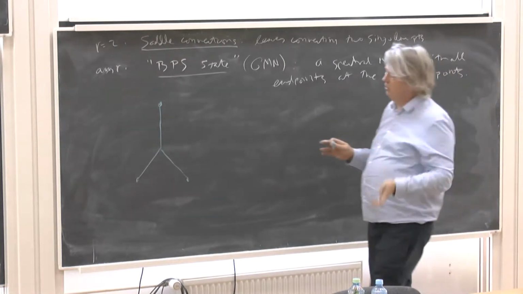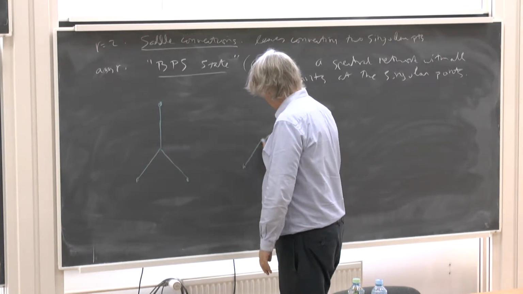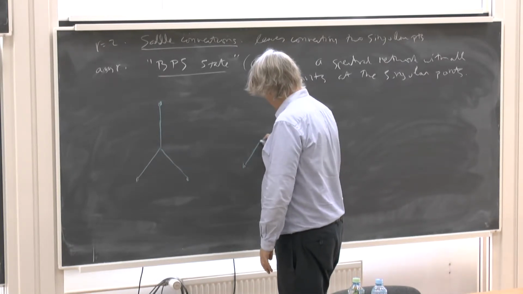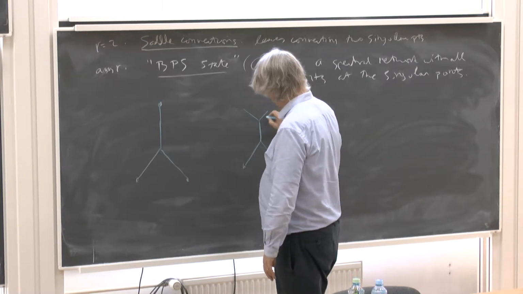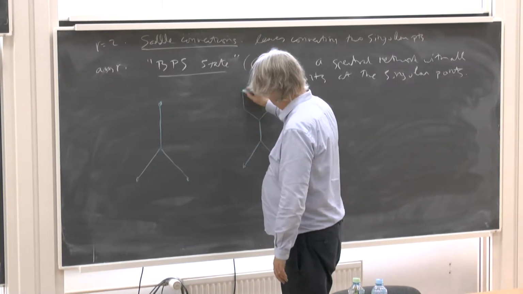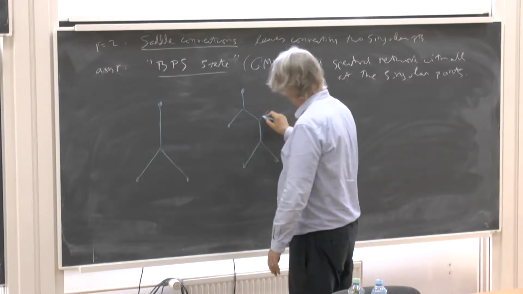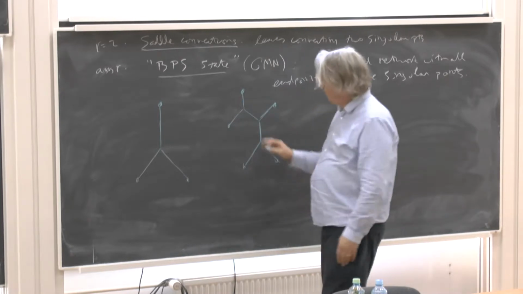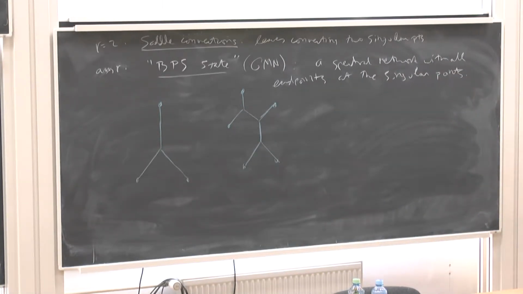And you can just imagine all sorts of complicated pictures. If you have enough singular points in your foliation, then that can create an arbitrarily complicated BPS state.